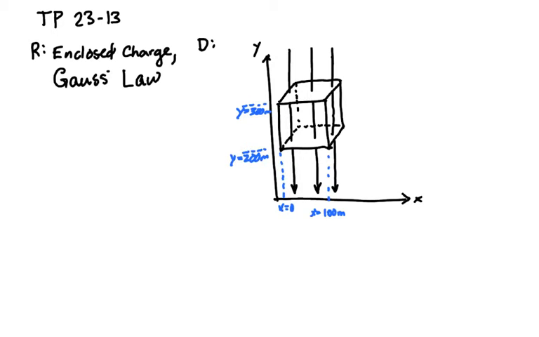Now for our draw step, this is extremely important because as we choose a volume to contain a charge, we need to be able to describe how that is interacting with the electric field. So in the problem statement, we're given the fact that we're looking at a charge contained inside of a cube.